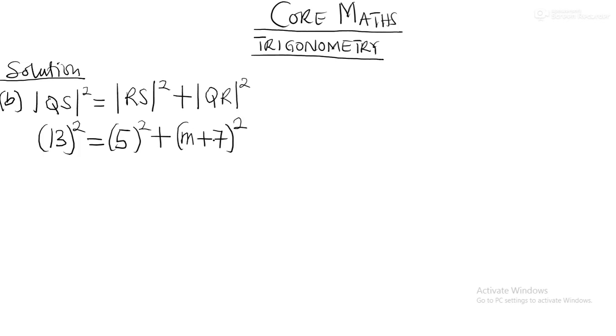So you have to put the m plus 7 in brackets, then you square it. So now we have to simplify. So 13 squared is what? 169. And then 5 squared is what? 25 plus, now this is where you have to take notes, m plus 7 squared.